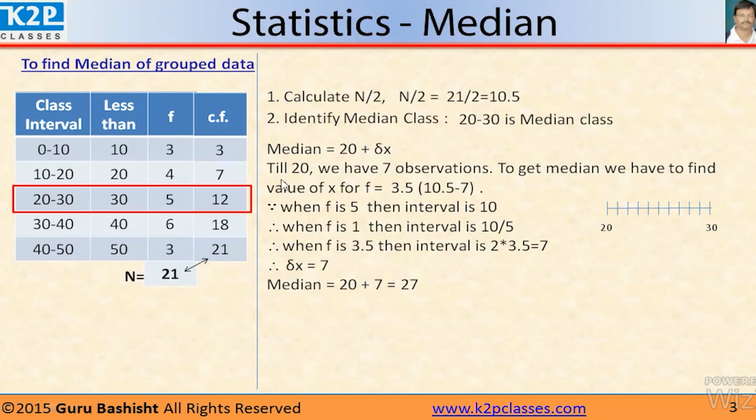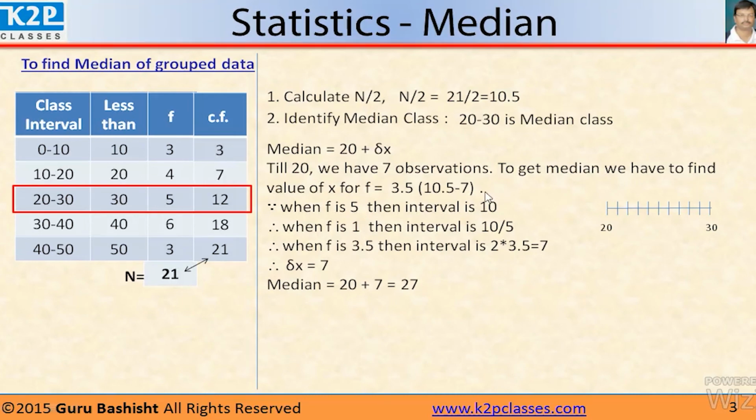How? We know up to 20 it is 7. So what is the difference between the median position and 7? 10.5 minus 7, so it is 3.5. That is the difference between the median position and the cumulative frequency just above the median class.